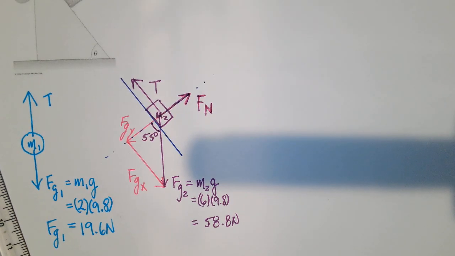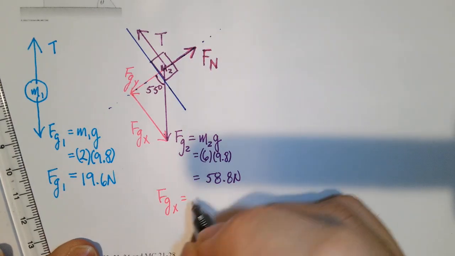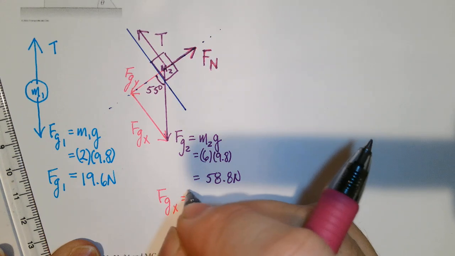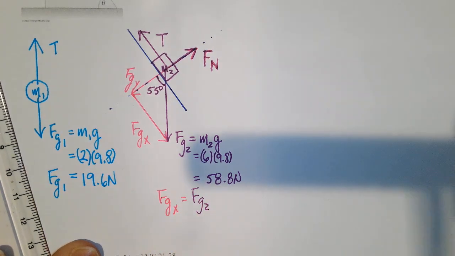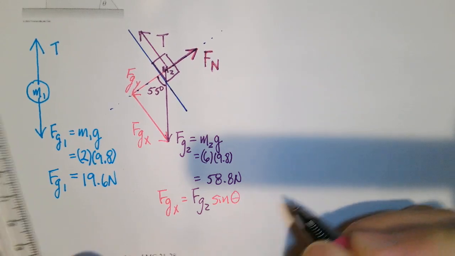So we have to figure out what the FG2x is. So FG2x is equal to, right, FG2 times sine of theta.